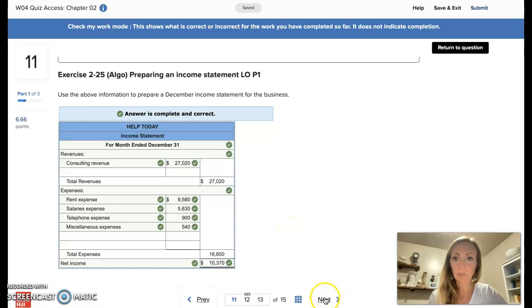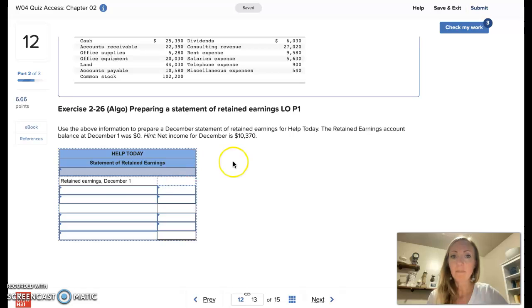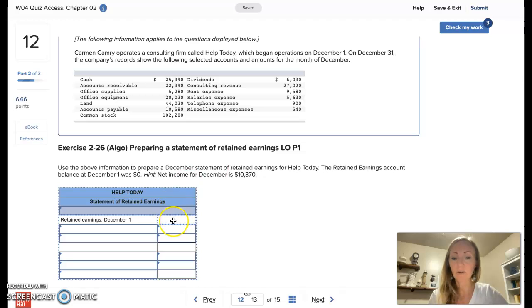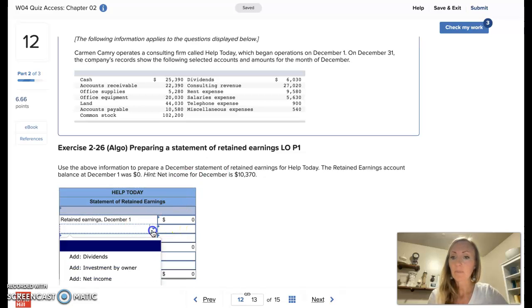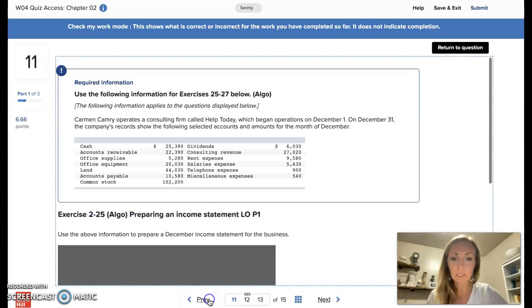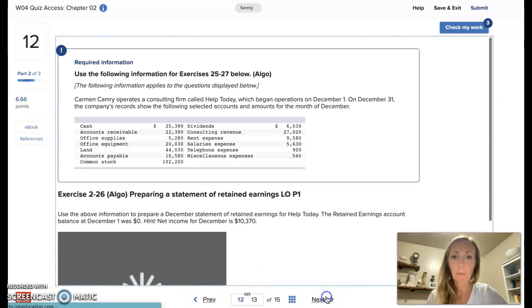We want to remember this number here, 10,370. We're going to use that in the next problem as we complete the retained earnings, because this is a new business. We say retained earnings is at 0, and then we add the net income, which we saw from the previous question is right down here, 10,370.